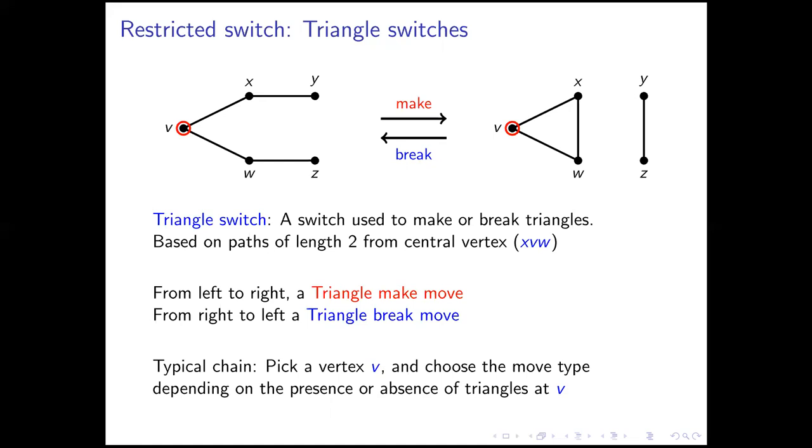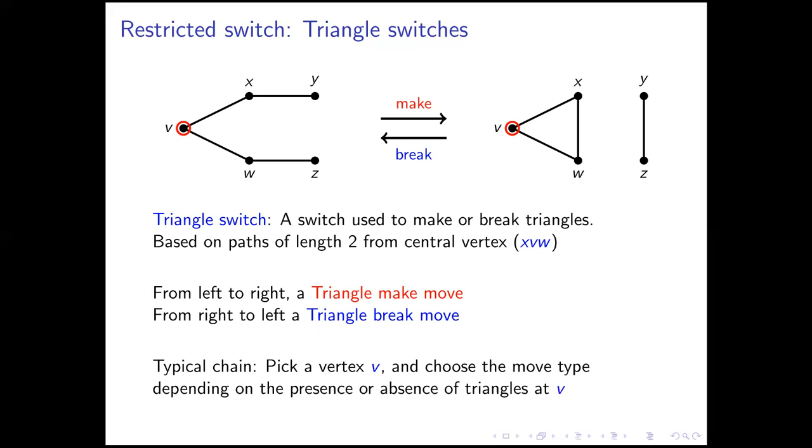On moving from left to right, I switch the edges XY, WZ with XW, YZ and make a triangle. And moving from right to left, vertex V is in a triangle and I want to break it. X and W are going to fall out over V. So I pick another random edge, and as long as it doesn't make the graph non-graphic, I make that switch to XY, WZ, which now breaks that triangle.